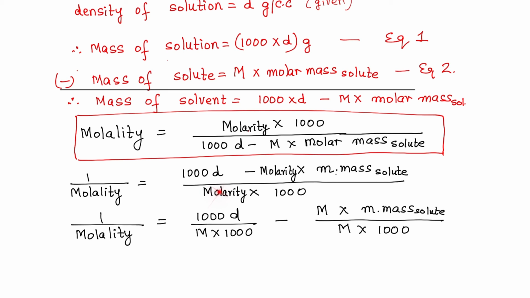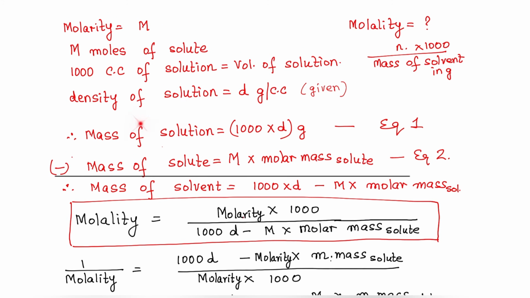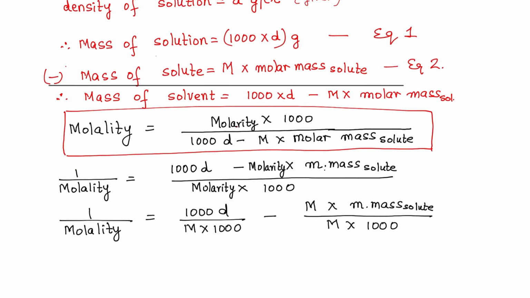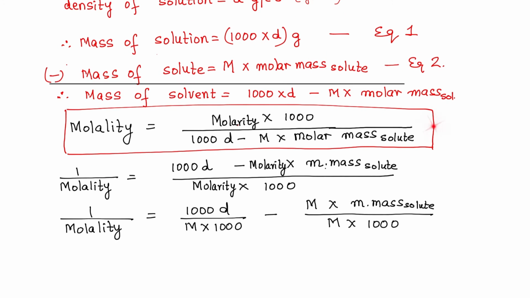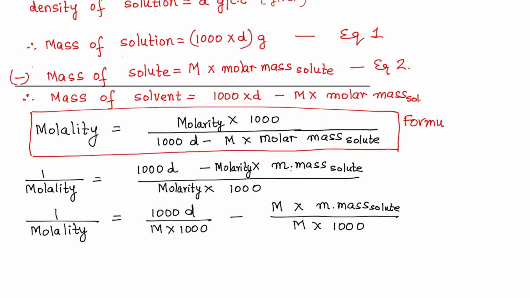If you are not confident about deriving the next step, you can always remember this formula or definitely go logically. So first find out mass of solution, mass of solute and mass of solvent. Substitute in the formula for molality. You can also do it that way. You can also learn this formula over here. So this is a formula for you if you are a formula person.